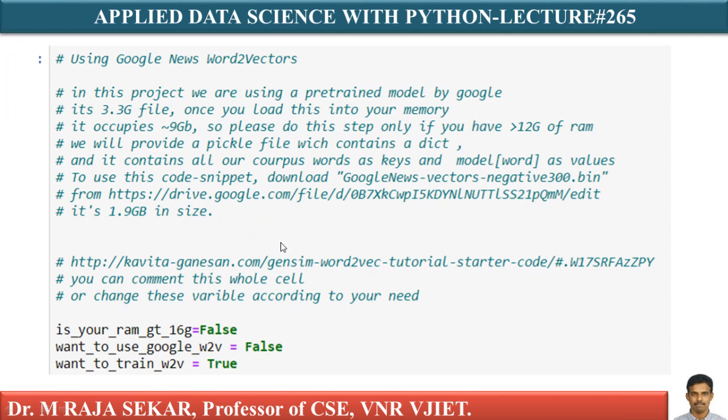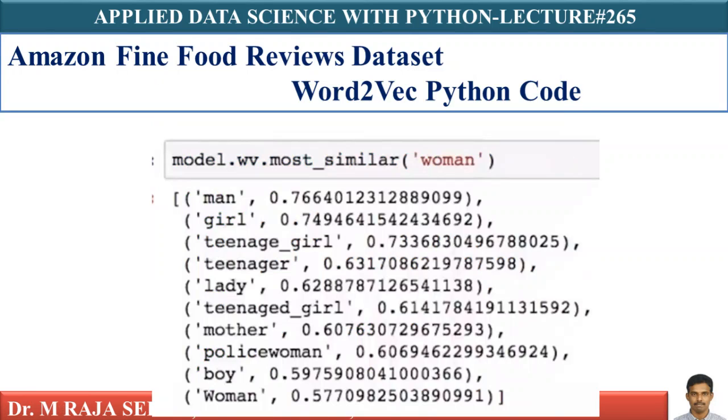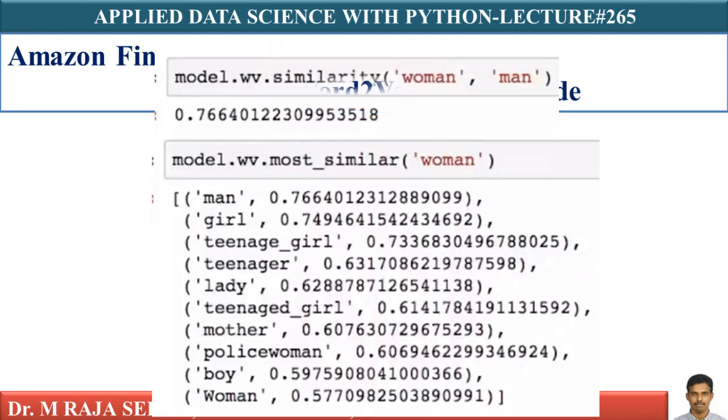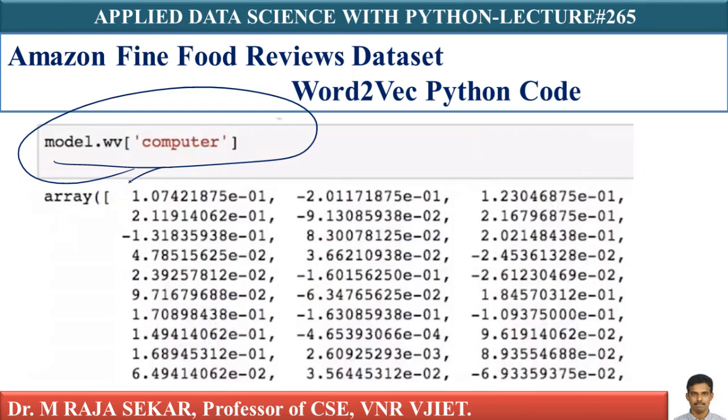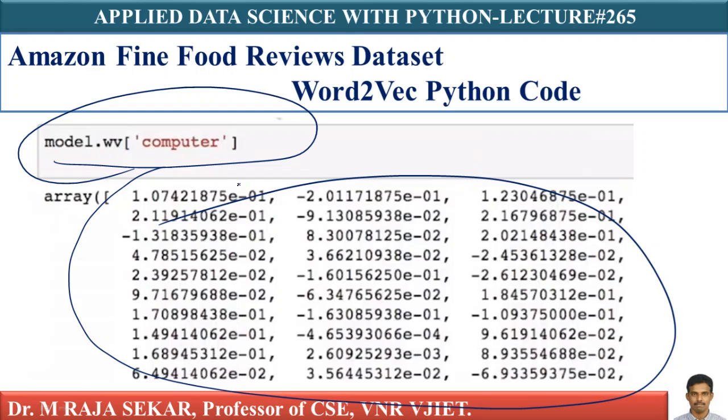For example, let me go back and show you one simple example. If you observe this code carefully, model.wv['computer'] gives the word vector for computer. This is a 300 dimensional representation of computer.